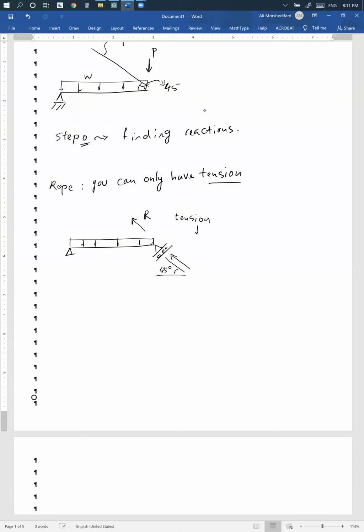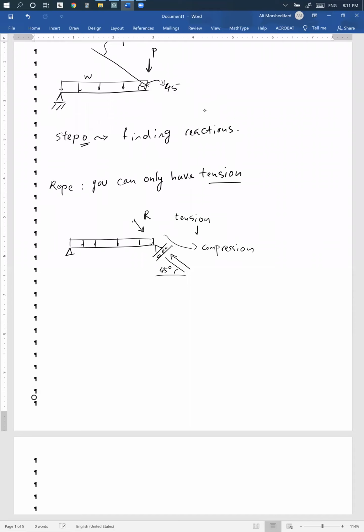But if you solve this problem and you find that R is like this, it would mean that you have compression. So your problem changes. You don't have any force here now if it was compression, right? So your problem would be basically this one, with nothing here now, but this would be unstable. So it has to be compression for this particular problem. It has to be in tension for this particular problem, right? There is no other choice.